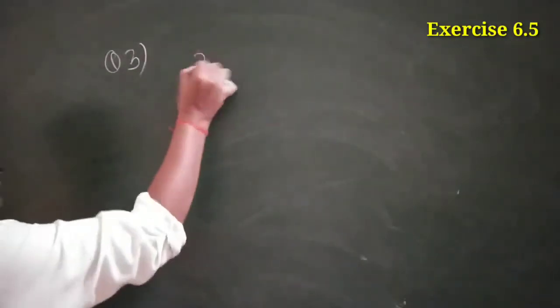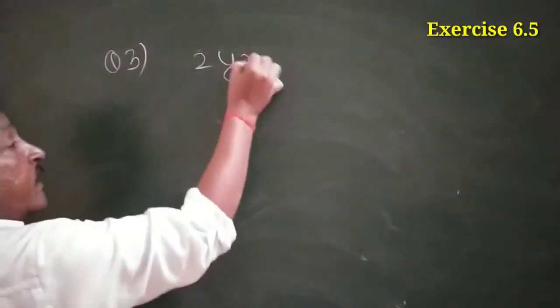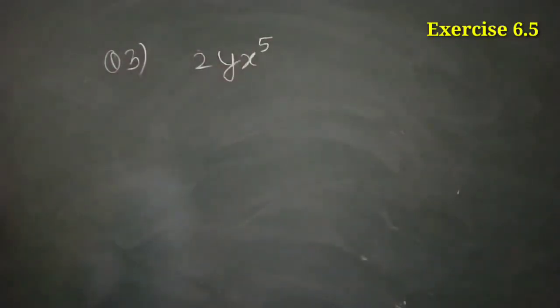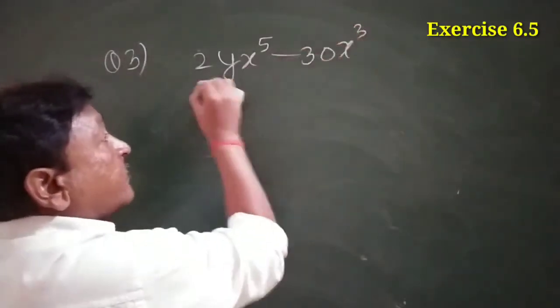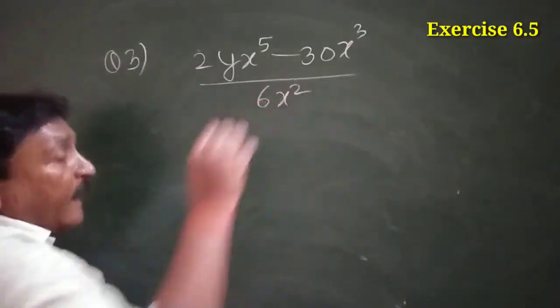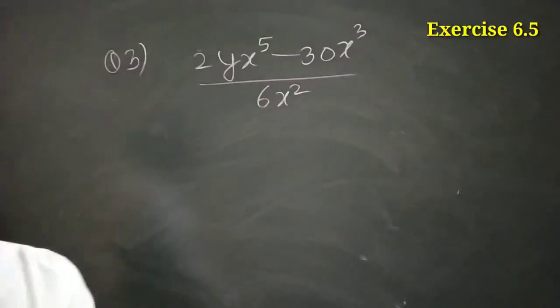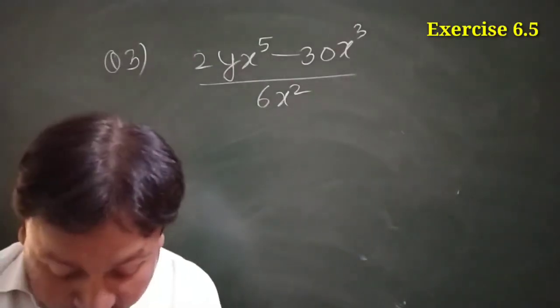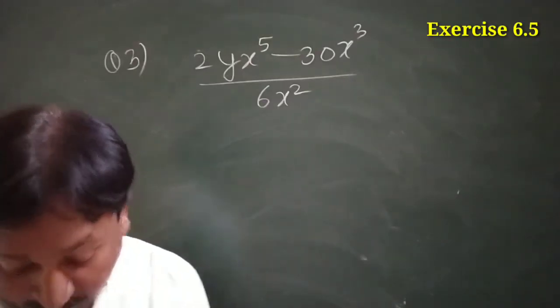It means 2y x raised to the power 5 minus 30x cube divided by 6x square, and in this way we will get the weight of one copy. Okay, so in question 4 also we have to do division. In question 5 also we have to do the division.